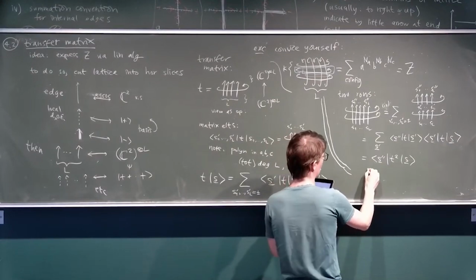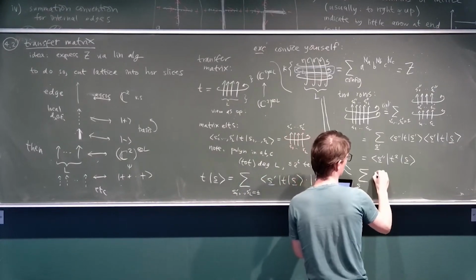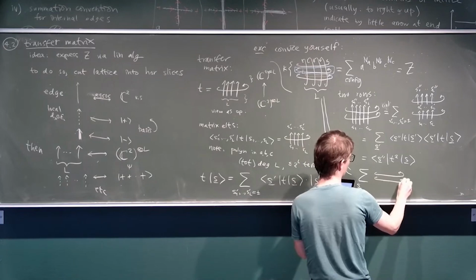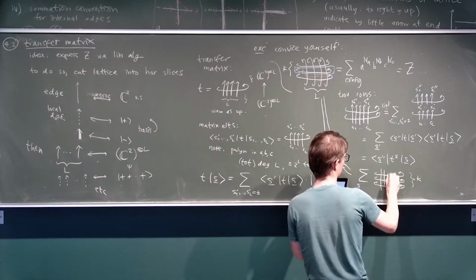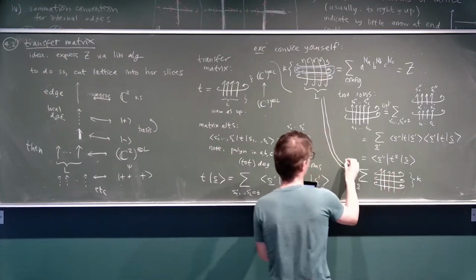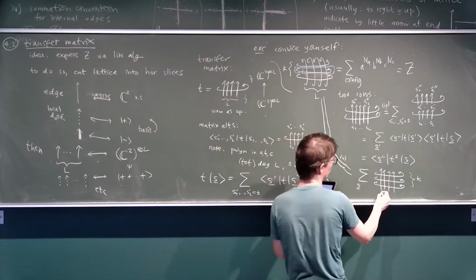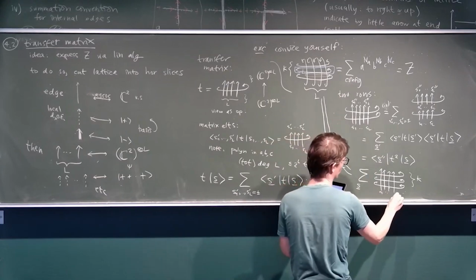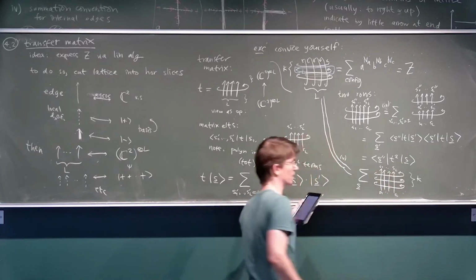Well, it's a sum over all the s's, and then I have this picture where I have lots of lines on top of each other, so k of them. So now I'm using the rule for our periodic boundary conditions, rule number 5, but not in the horizontal, but in the vertical direction. So here's S1, dot, dot, dot, SL. And at the top, the same S1, dot, dot, dot, SL.